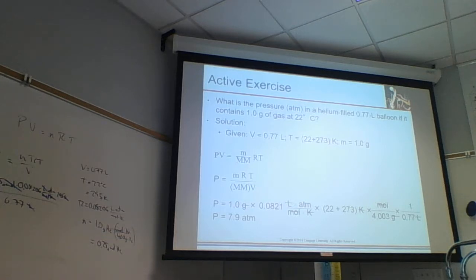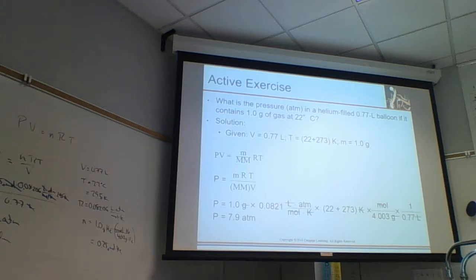And so 0.25 times 0.08206 times 295 divided by 0.77. 7.85 atmosphere, which they rounded to 7.9. Correct number C.